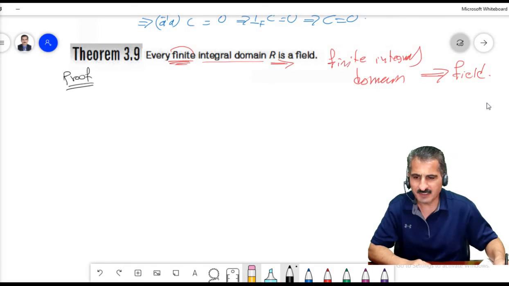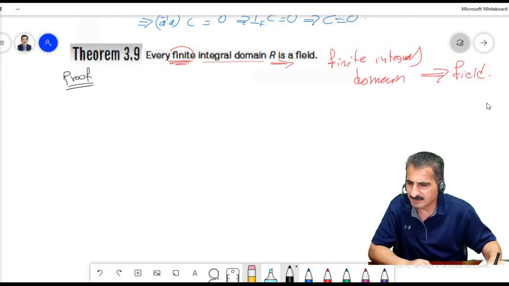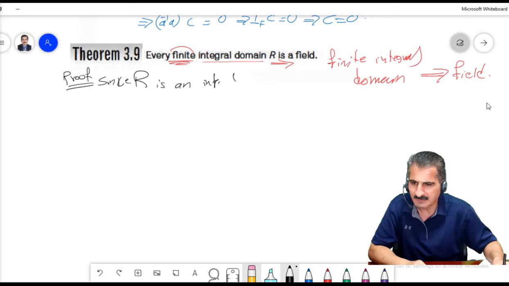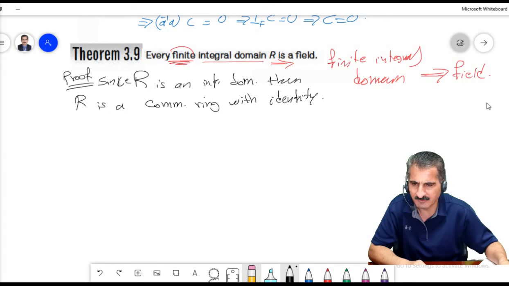Let's call it R. Since R is an integral domain, then R is a commutative ring with identity, or unity. I believe we call it identity here.